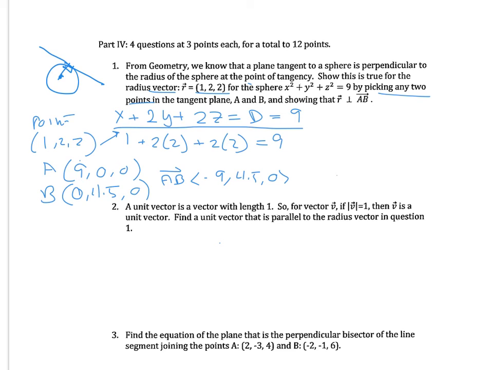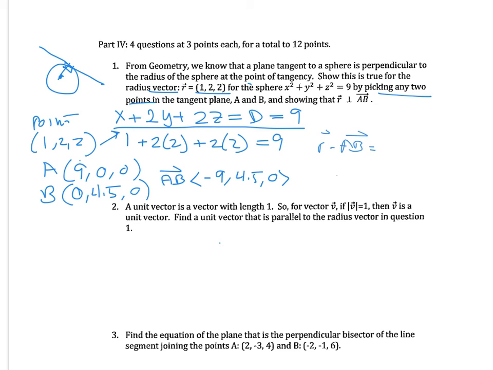That's the vector that goes from point A to point B. Finally, what I need to do is show that vector AB is perpendicular to R. And we have a test for finding out if 2 vectors are perpendicular: see if the dot product is equal to 0. Right. So we'll do R dot product with AB.